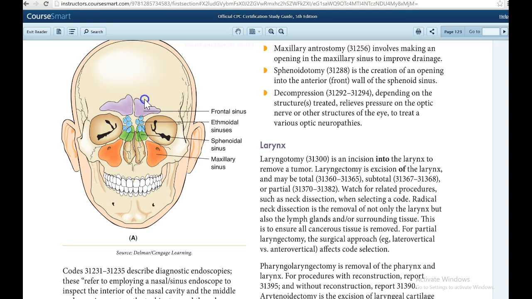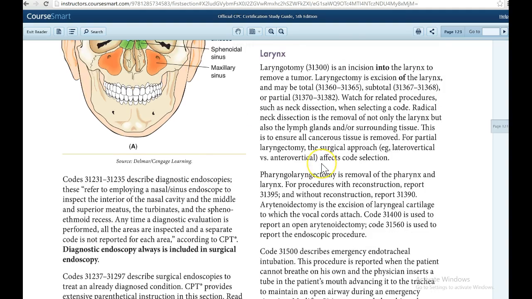It separates the sinuses from right and left. So in actuality, we have 8 sinuses, because we have a right side and we have a left side. Make note of that one. That's a trick question. You're probably going to see it on the test. So make sure you know you have a right side and a left side, because the nasal septum, which is a separator, separates the right and the left side.